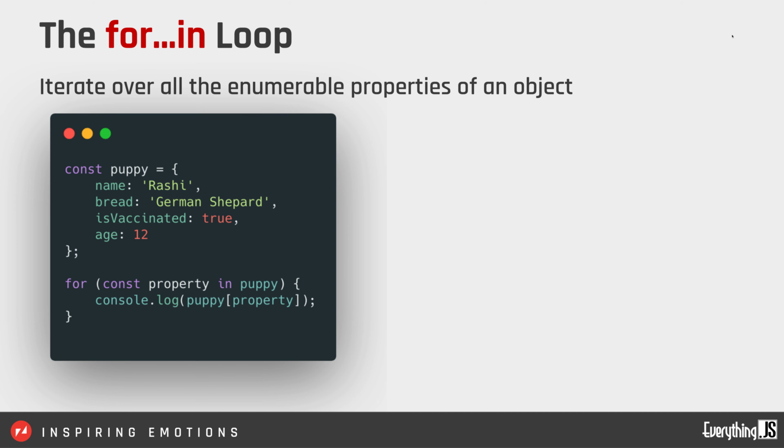Otherwise it's confusing: how can you write a for loop on an object? What is the output of this? Any guesses? This is the simplest question, right? Okay, so you will get all the values of these properties.